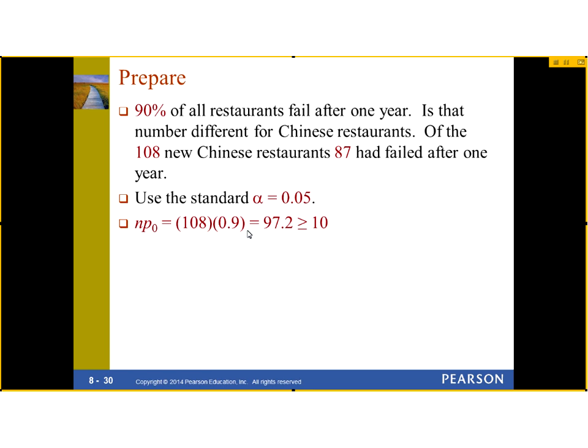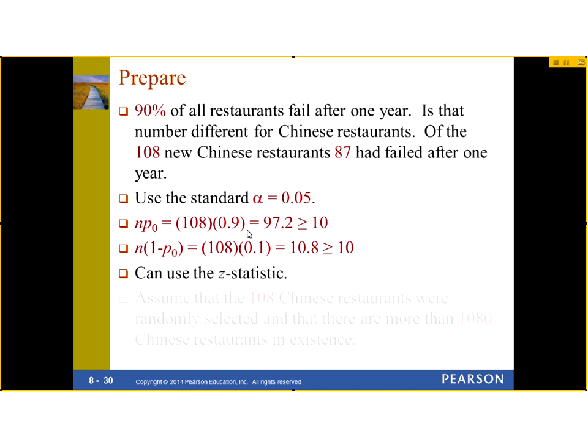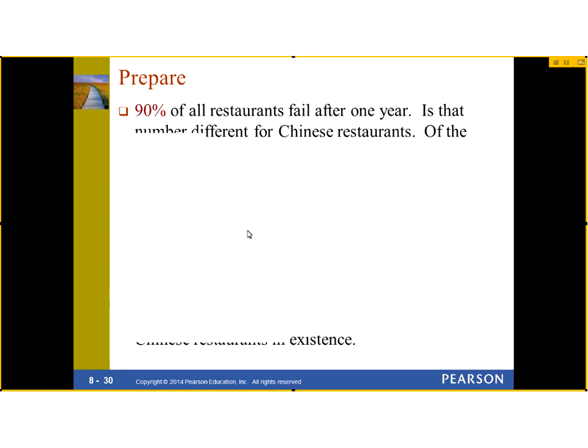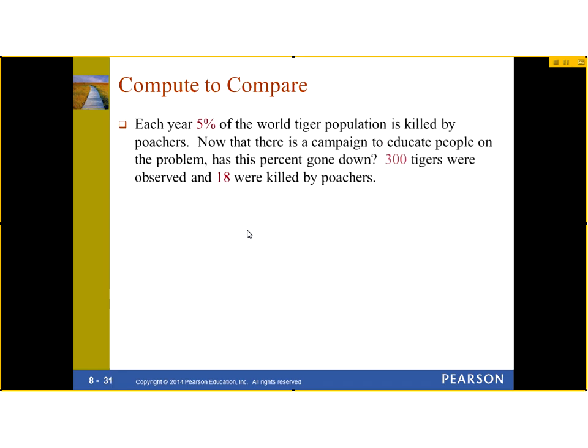We do n times p0, make sure that is greater than 10, and then n times 1 minus p0 is also greater than 10. We can use the Z because we use the Z when we're dealing with proportions. Okay, so we have 108 Chinese restaurants, and we are pretty sure there are more than 1,080 Chinese restaurants in existence. So now let's go back to our tigers.